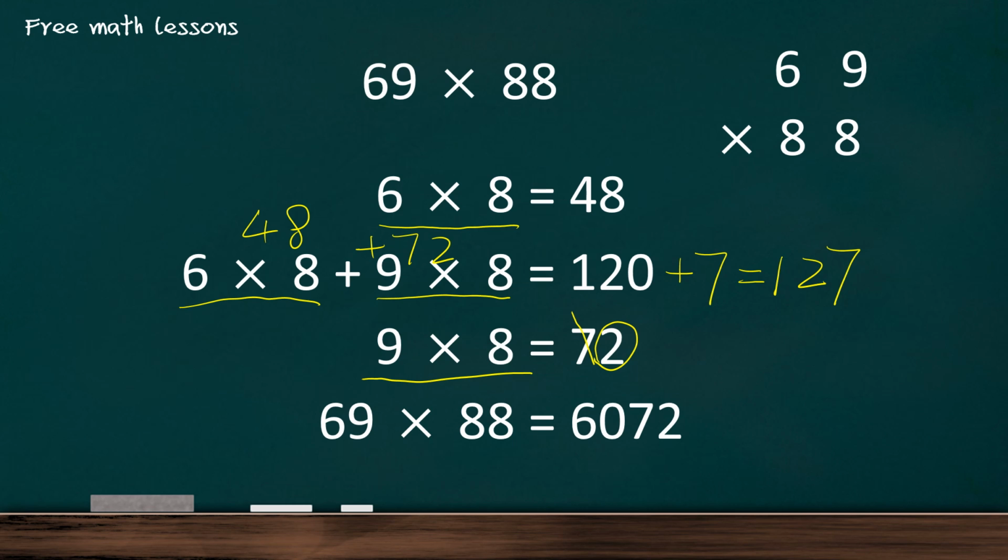Now, there's a little bit of caution here. We need to add the tens digit of 127 to the top 48, but what's the tens digit of 127? You might say 2, and of course that's true most of the time.